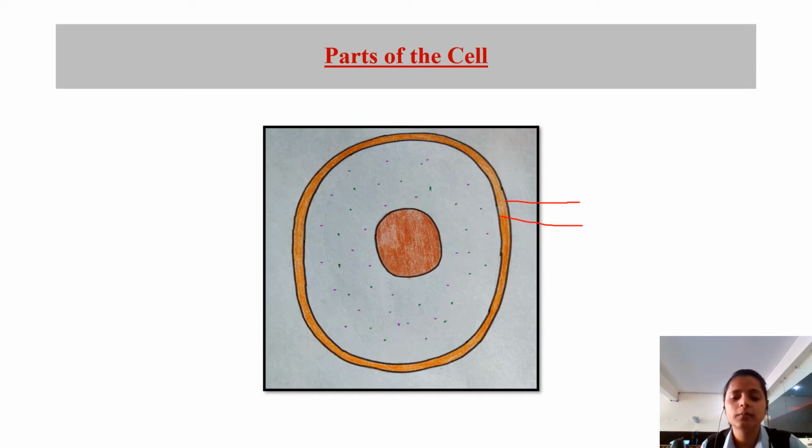Inside the cell membrane, the large portion is covered with the cytoplasm, and inside the cytoplasm we have the main part of the cell, which is also called the director of the cell, and that is the nucleus. The nucleus is surrounded by a membrane called the nuclear membrane. Okay, so now let's move further.